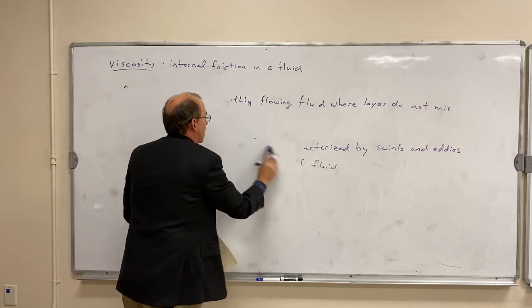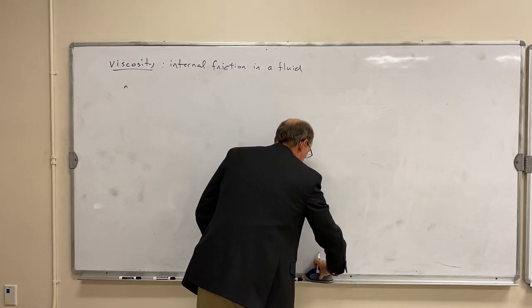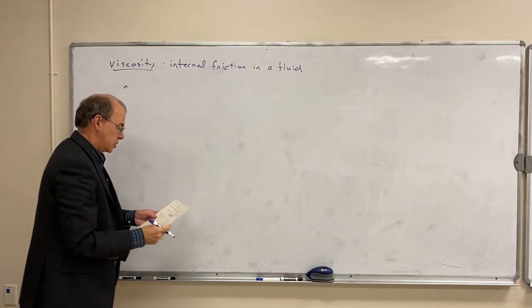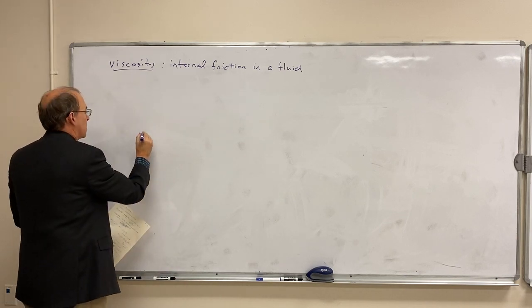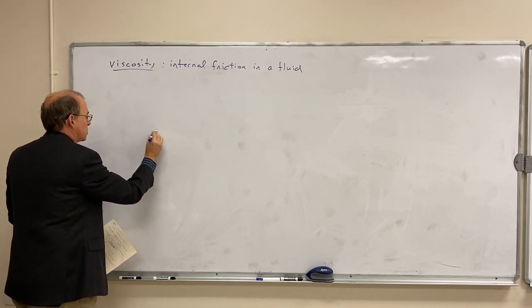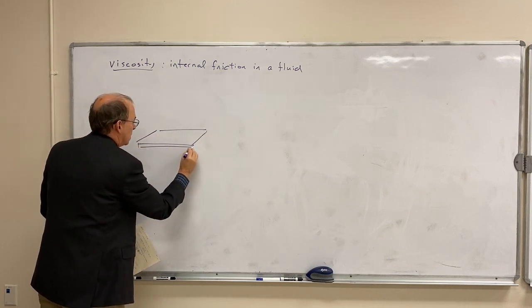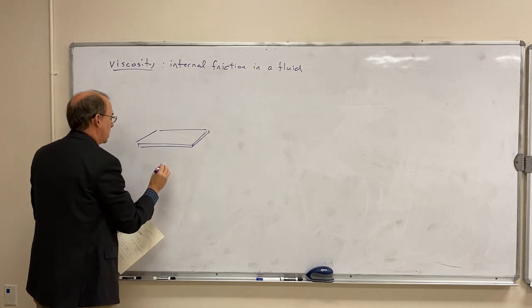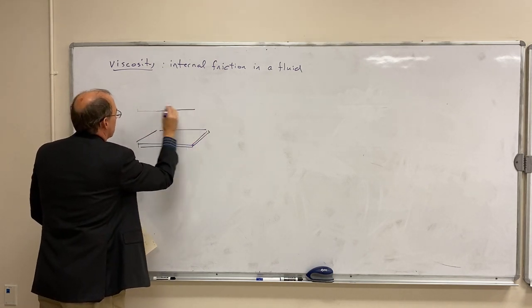How do we describe the consequences of viscosity, this friction in a fluid? We'll think about it this way. Suppose we have a plate, just a metal plate like this, and up above it we have another metal plate.